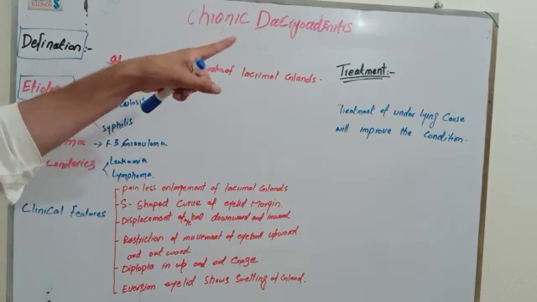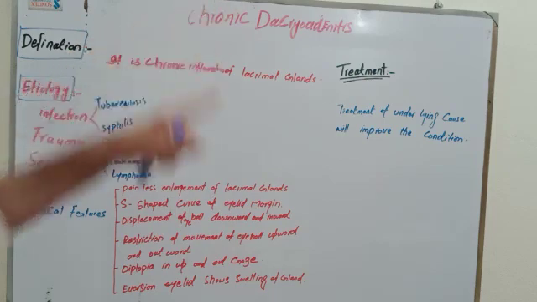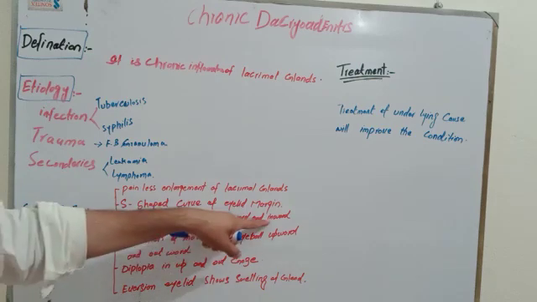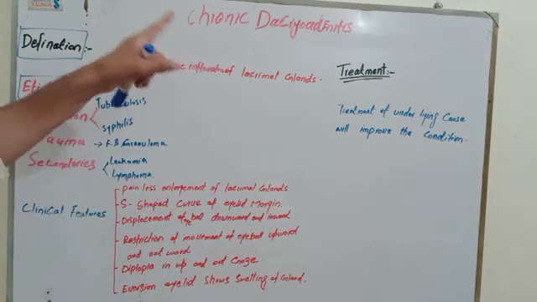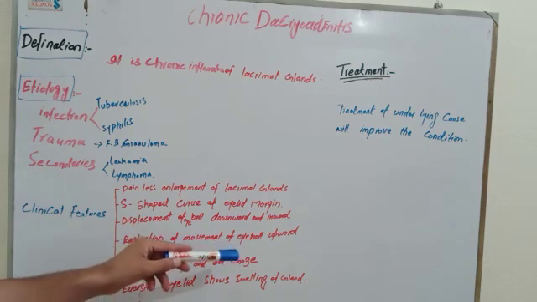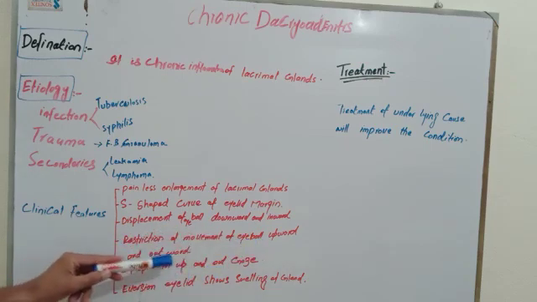Displacement of the eyeball downward and inward, similar to acute. Restriction of movement of the eyeball upward and outward. Diplopia in up and out gaze. Eversion of the eyelid shows swelling of the gland. There are 4 to 5 clinical features of this disease.